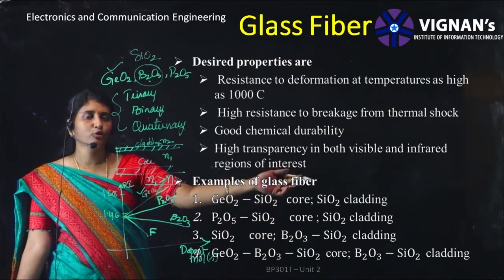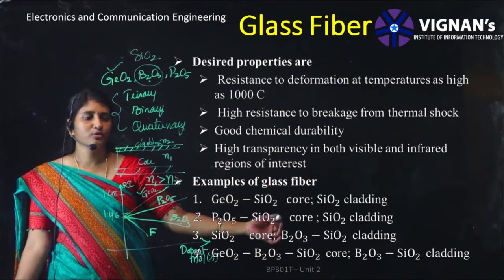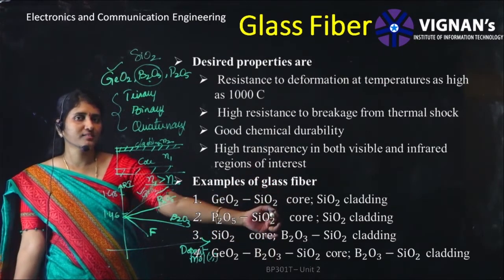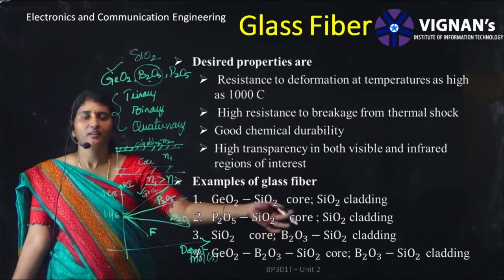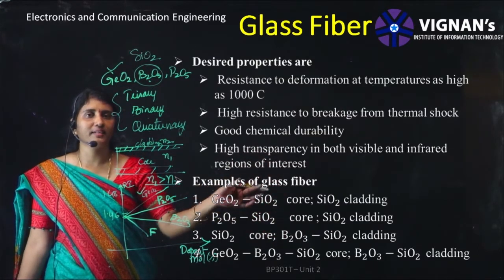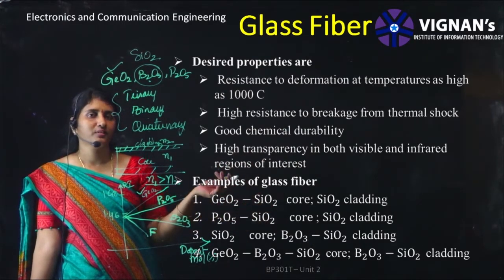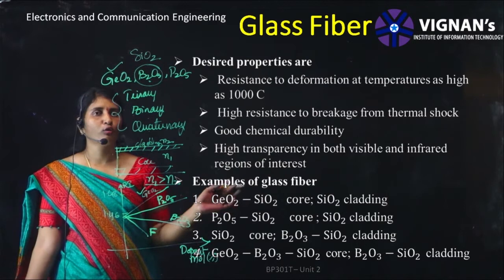On adding B2O3, what is happening? SiO2 refractive index is getting reduced. So in every one of the 4 examples you are seeing, it is maintaining the relation that N1 must be greater than N2. Always there you can observe the core refractive index is greater than the cladding refractive index.